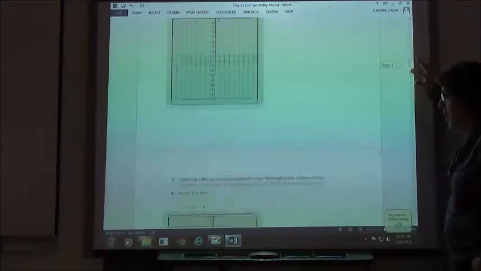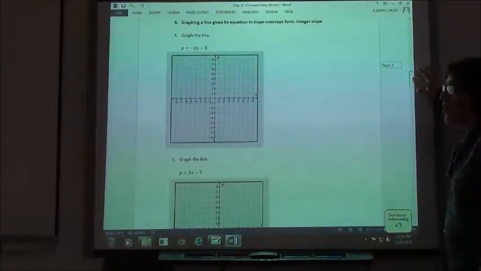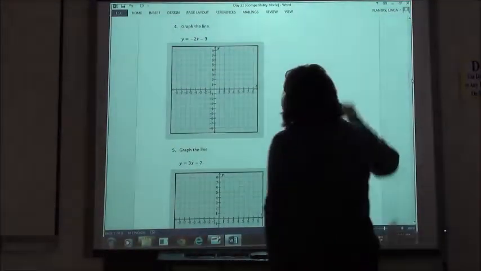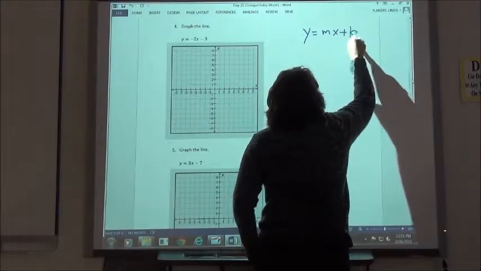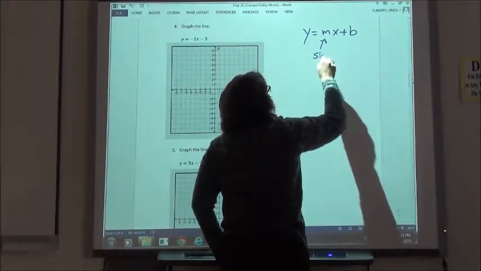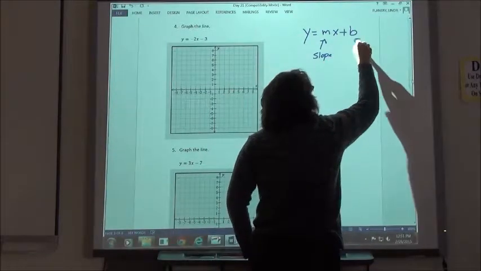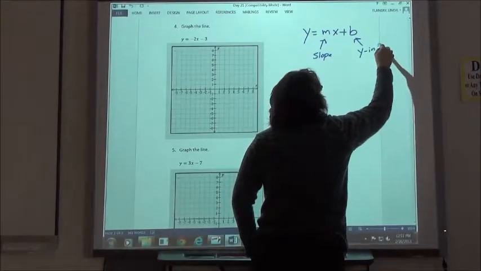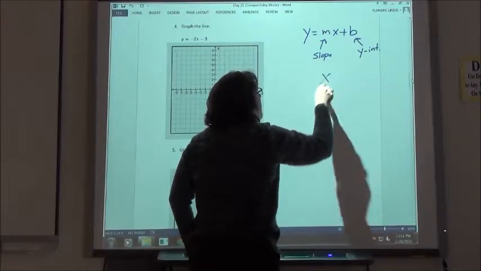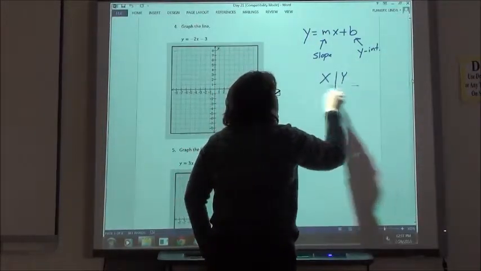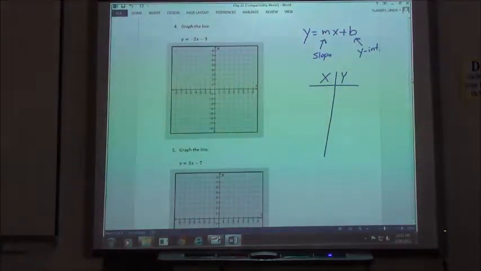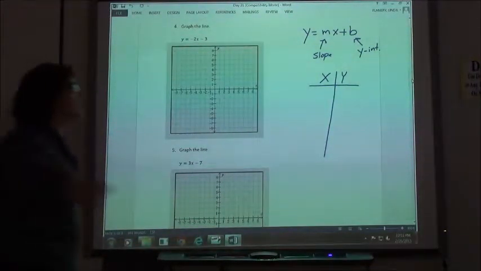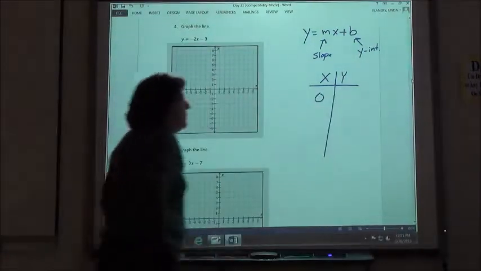All right, so now they're going to have it all the way in slope-intercept form. y equals mx plus b. This is your slope. This is your y-intercept. My y-intercept is the value I get when I put x equal to 0. That's why we always like to pick 0 anyway.